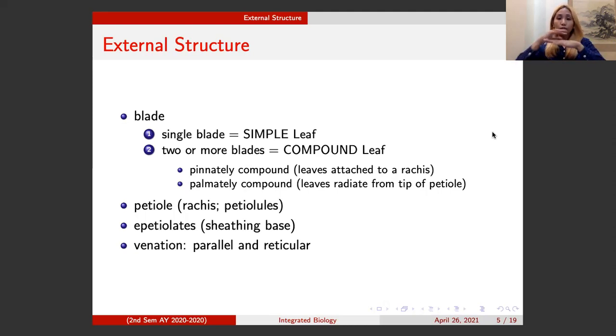And now we go to the veins, the ones that are actually found embedded inside the blade. So leaf venation could either be parallel or netted, which we also call reticular venation.